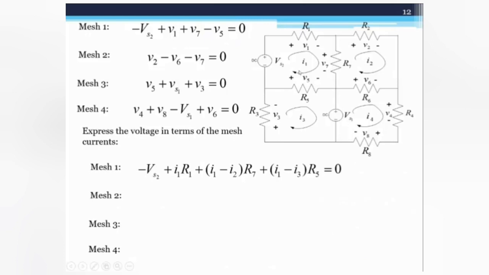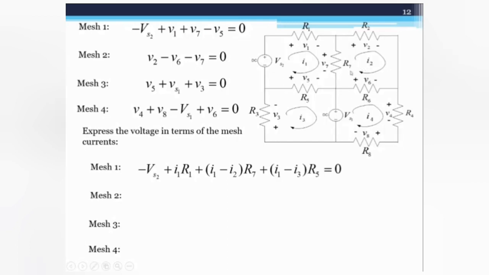Similarly, if we apply KVL for loop 2, the equation becomes I2 R2 plus (I2 minus I4) R6 plus (I2 minus I1) R7 equal to 0. Now see, for the second loop, I2 is positive and I4 is negative in R6, so the voltage drop across resistor R6 is (I2 minus I4) times R6.